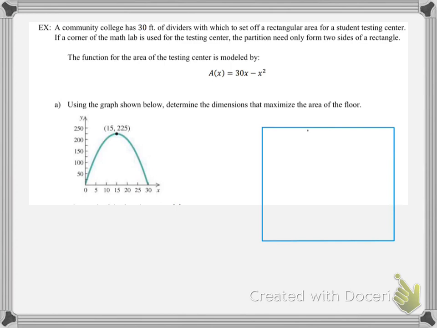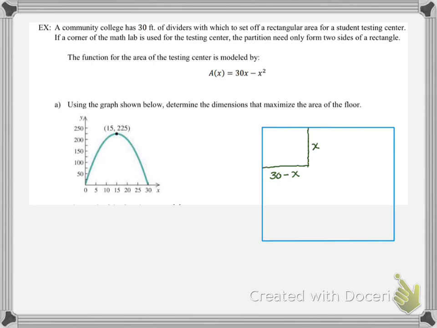And so we're going to make a rectangular area in the corner. And we will say the width of that area is x. Well, then the length is whatever I have left of my 30 feet after I make the width, right? So it's going to be 30 minus x. And then the area is what you get when you multiply those, which is given by that area function there.